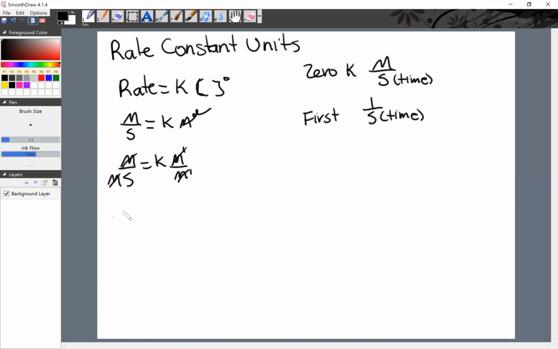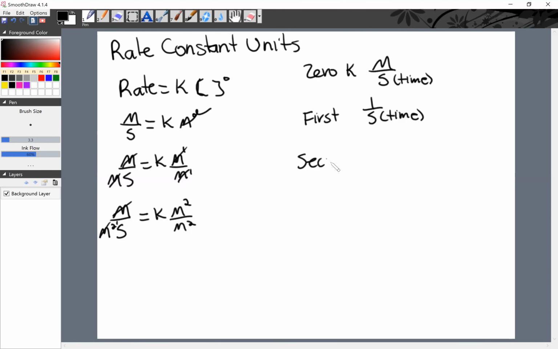For second order, rates are always concentration over time, but my molarity would be squared, and if I divide both sides by M squared, one of them goes away, and I'm left with 1.